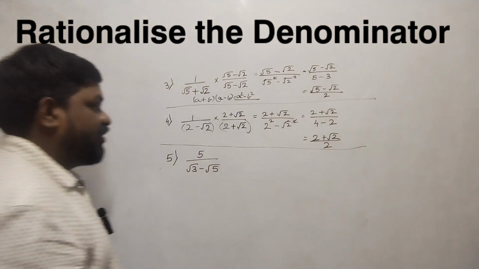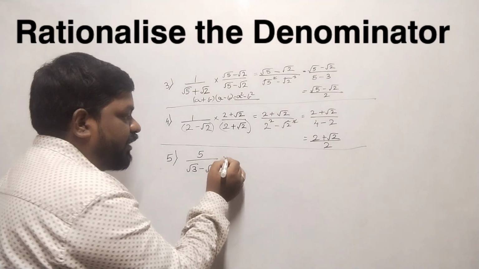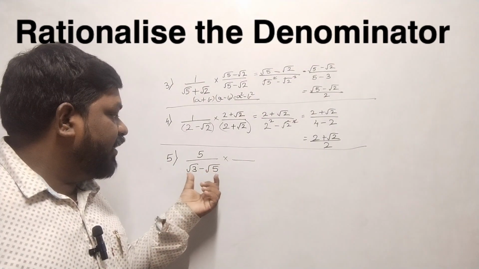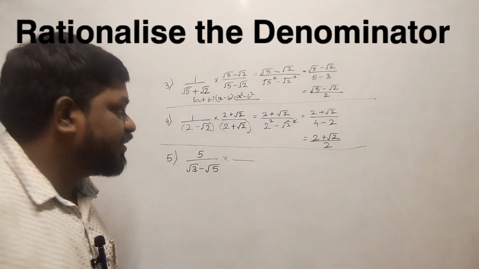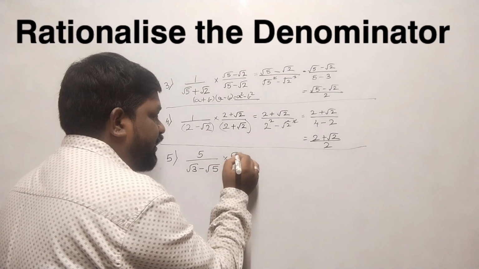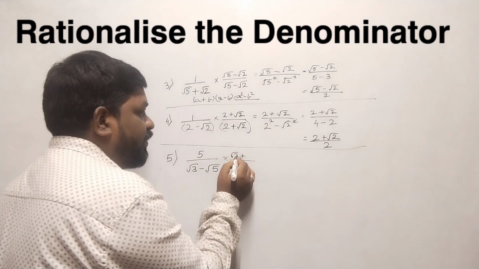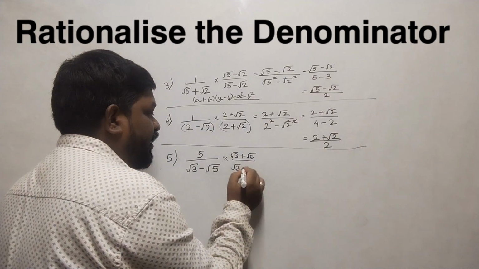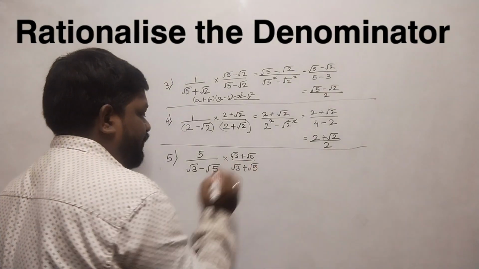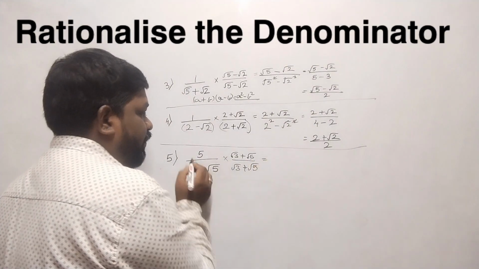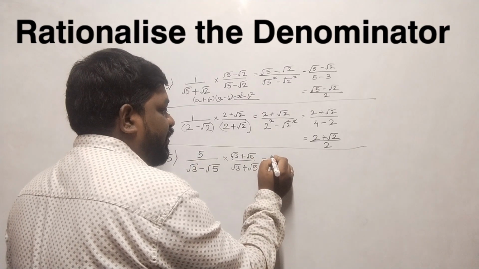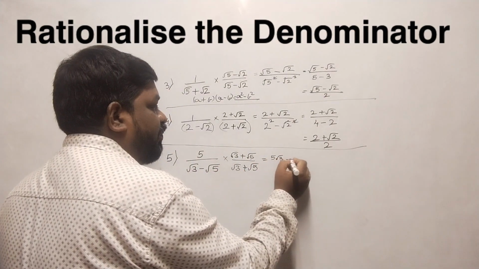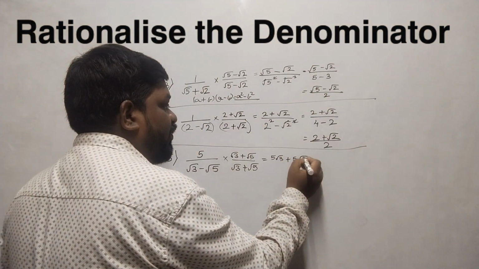Look at the next question. We need to multiply the numerator and the denominator by the conjugate of the denominator, where 5 minus root 3 is there. So multiply the numerator and the denominator by root 3 plus root 5. Next step, multiply 5 with root 3, and you will get 5 root 3 plus 5 root 5.